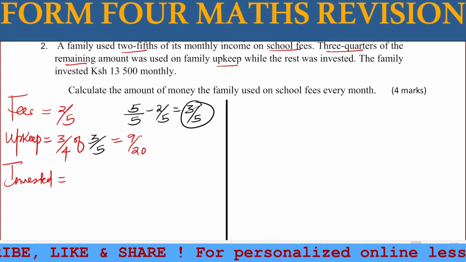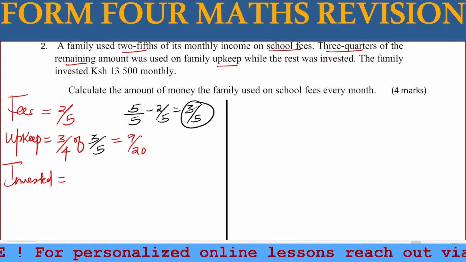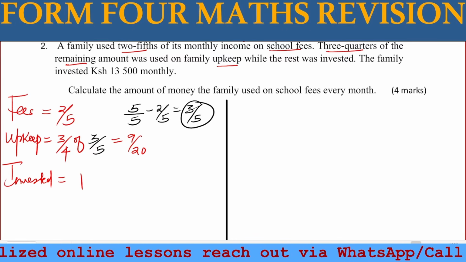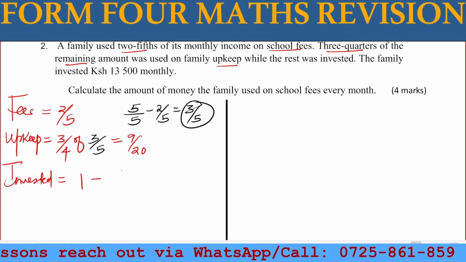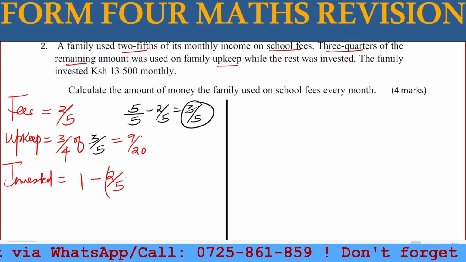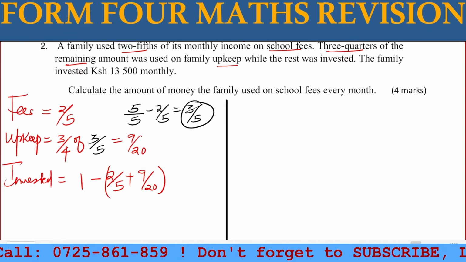While the rest was invested. So what is the rest? Now the whole salary is 1 or 5 over 5. You can use any fraction, or 20 over 20. Then we subtract. This is how we get the remaining. The fees was 2/5 and the upkeep 9 over 20.